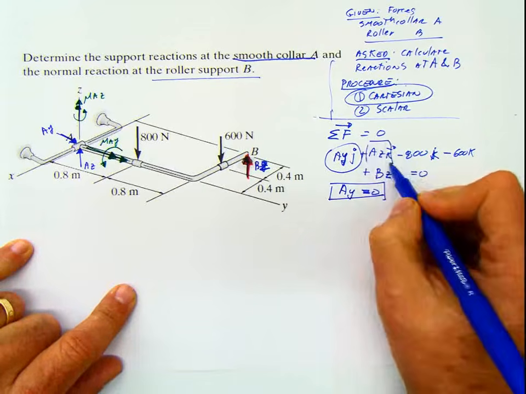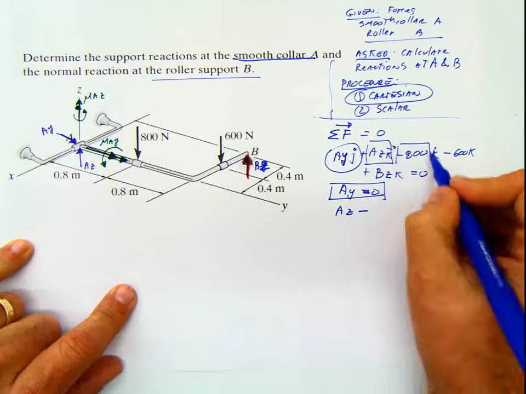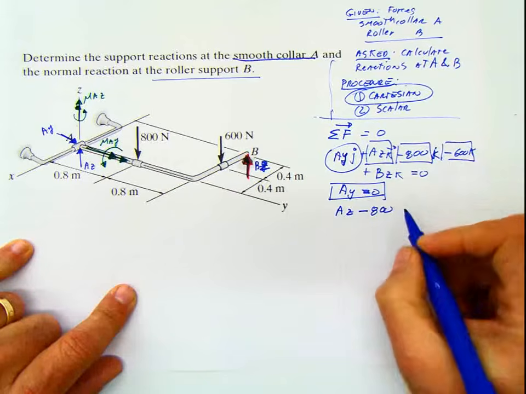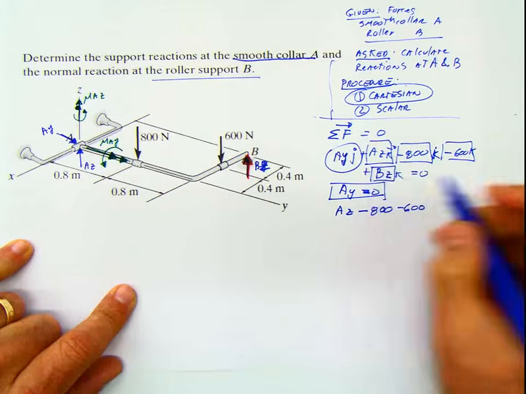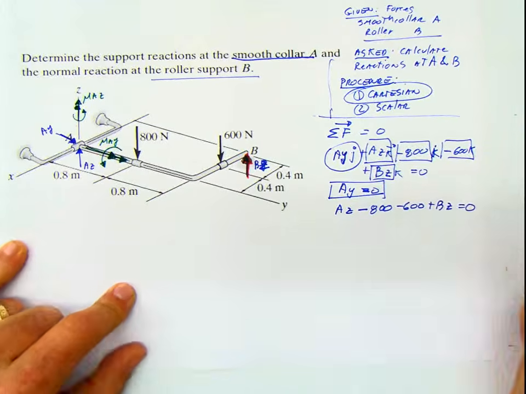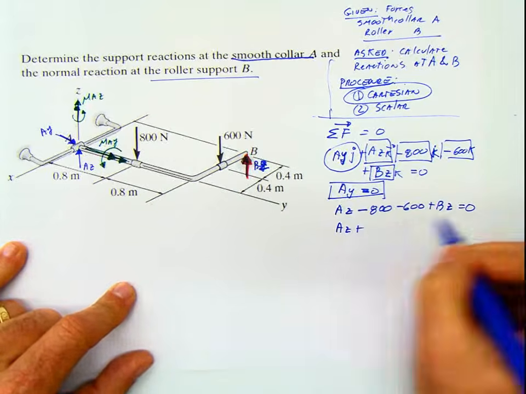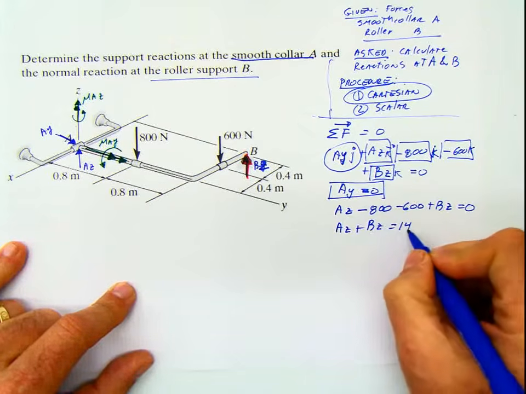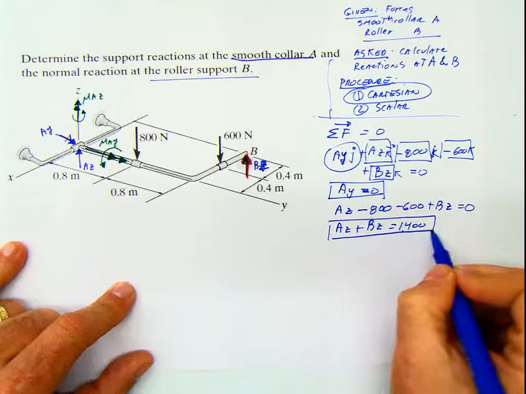Well, in k I have AZ minus 800 minus 600 plus BZ equals 0. Or I can say that AZ plus BZ equals 1400. And I'm going to call that my equation number 1.